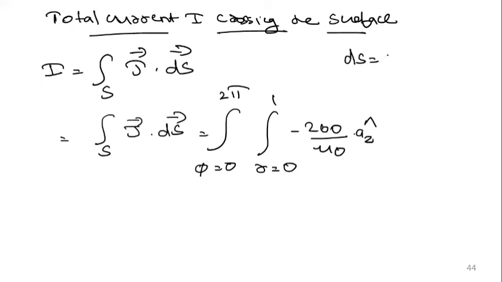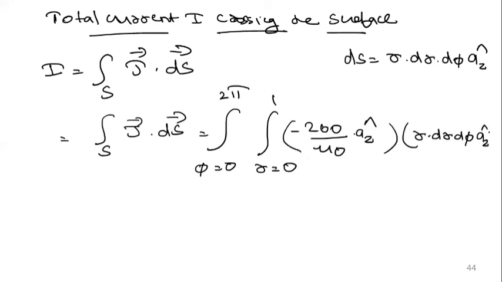Cylindrical surface ds we have studied in first module. This is R dr d phi AZ. So minus 200 by mu naught AZ into R dr d phi AZ.